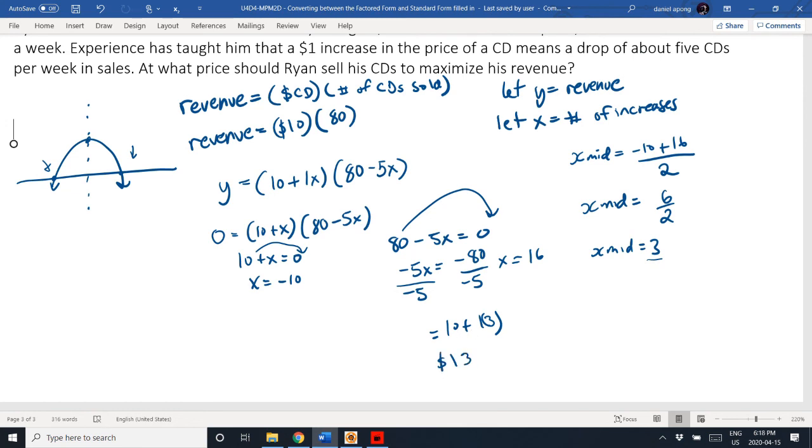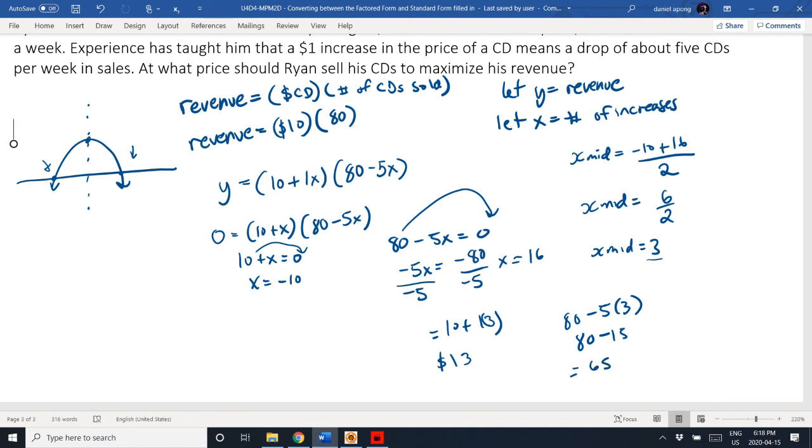We can also find the number of CDs that he's going to sell for that amount if you plug it into this section of the equation. So he's selling it for $13, and we have 80 minus 5 times 3. 5 times 3 is 15, so we have 80 minus 15, which is 65.